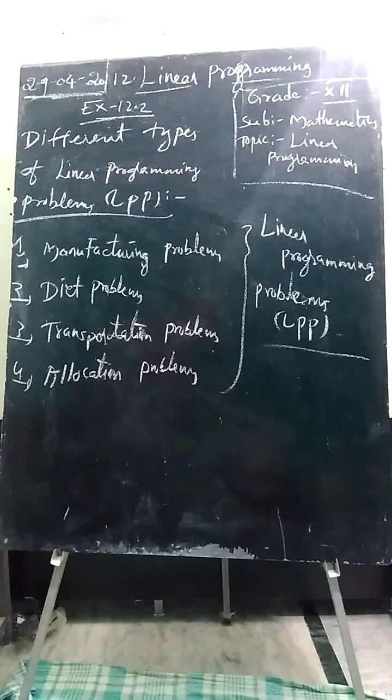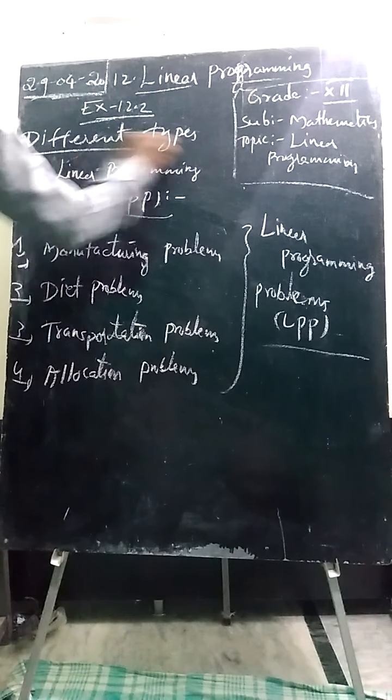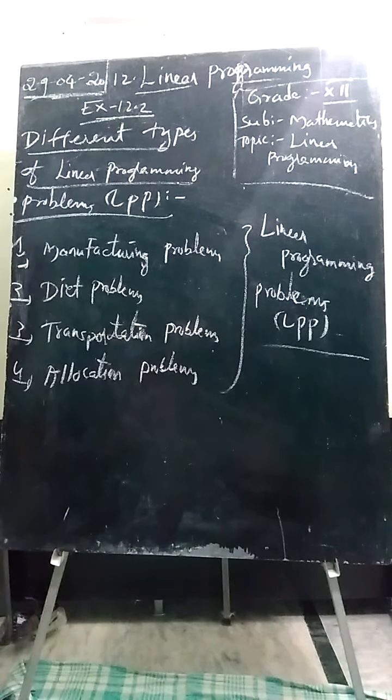Yes, good morning students. Today we will discuss different types of linear programming problems. In previous parts, I mean part 1, you learned about the basic, introductory concepts of linear programming.